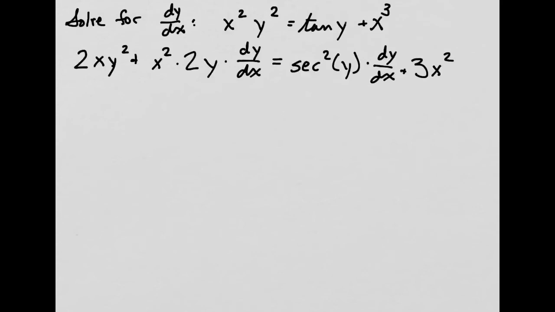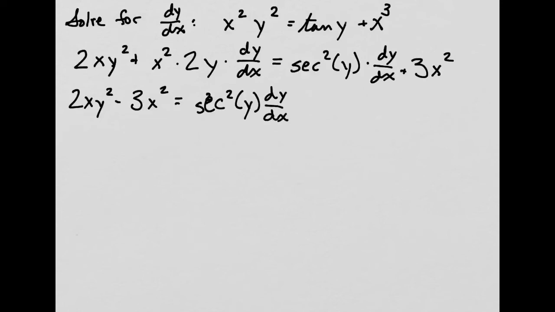And now we just want to get our dy dx on its own. And so I'm going to subtract this to the other side, and I'm going to subtract this to the other side, so that I get the dy dx's on the right. And so we've got 2xy squared minus 3x squared equals secant squared of y dy dx minus 2x squared y dy dx.